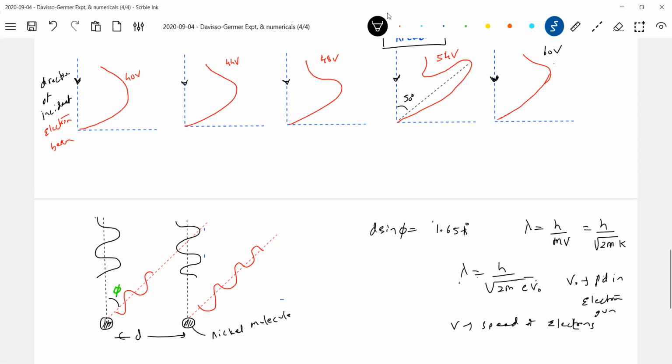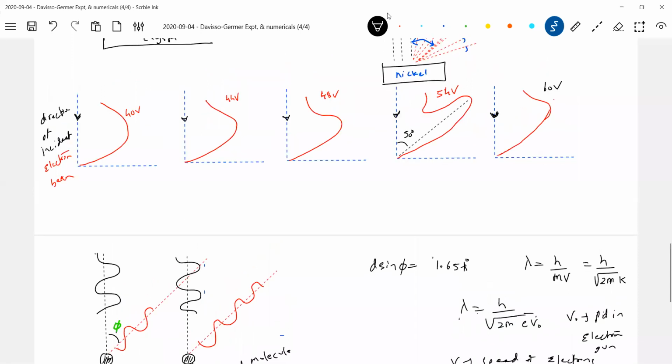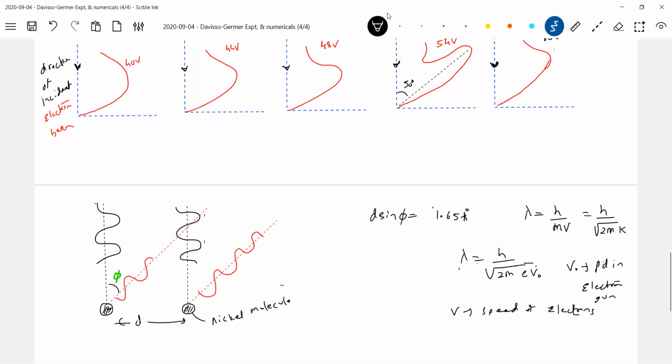So I know what the accelerating potential is. What is the accelerating potential? I applied 54 volt. When I substitute here the accelerating potential 54 volt, charge of electron, mass of electron, Planck's constant, this is the theoretical value.